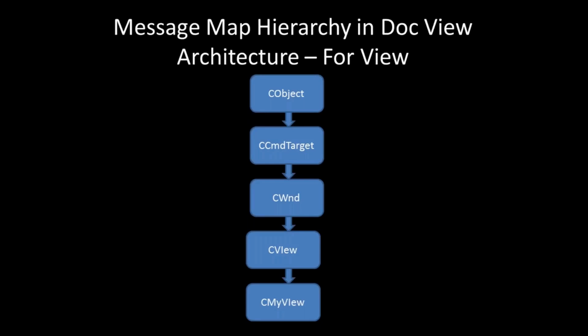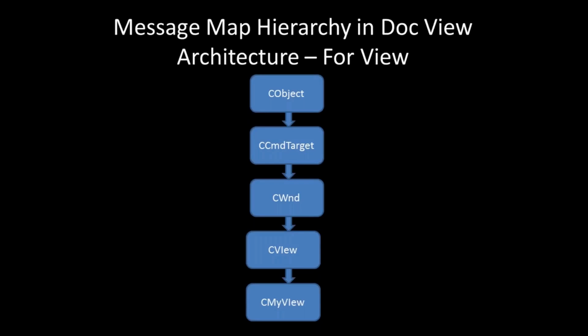Now, in case of a view class, I would have derived my own view class with the base class as CView. In document view architecture, if one class doesn't handle that message, you can handle the message in the upper class.